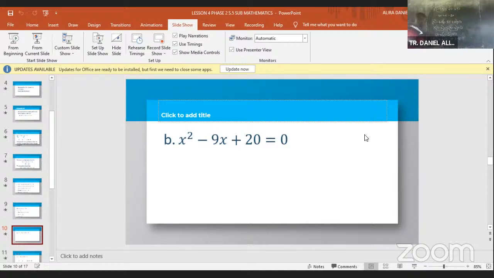So here x equals 4 or x equals 5. Therefore, x is 4 or x equals 5. As simple as that. Is that clear? Is it very clear to us all?